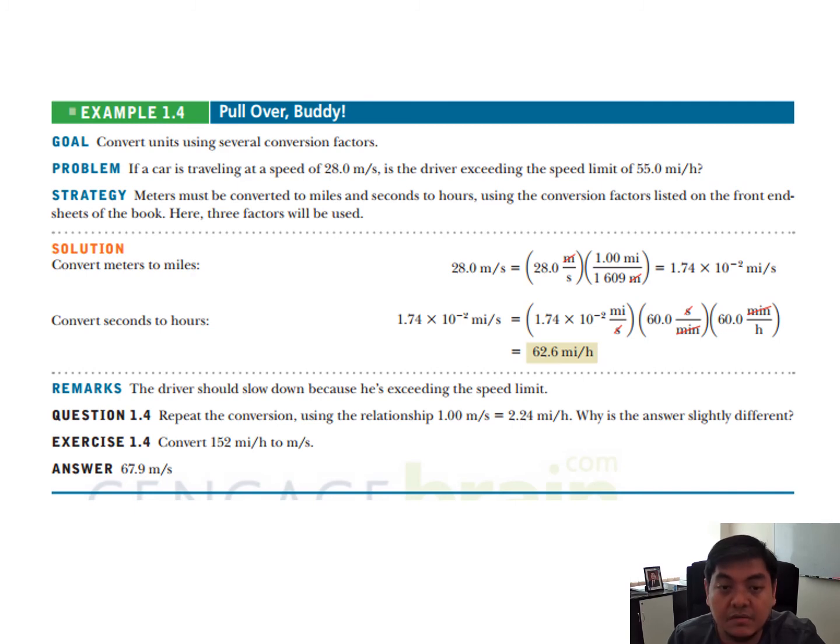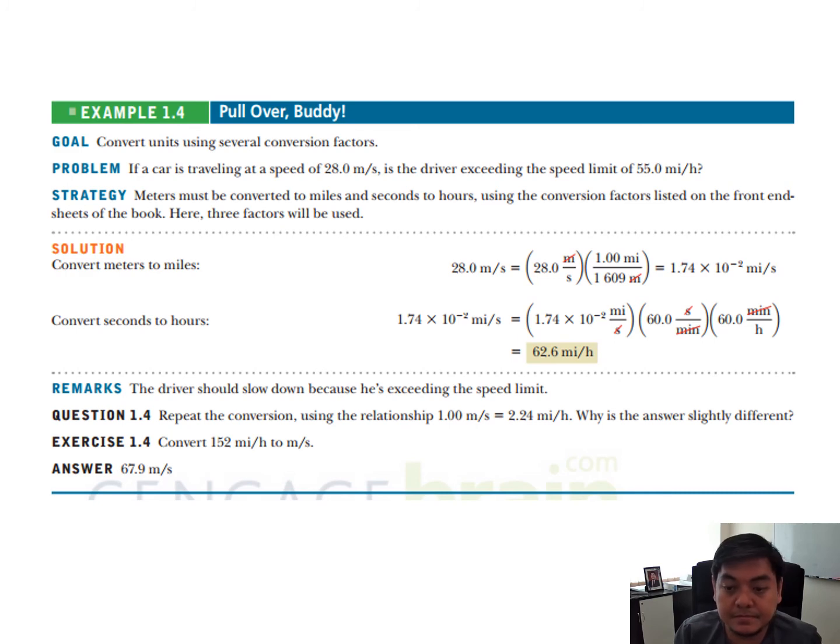So we should convert 28 meters per second first to miles per hour, because we want to compare the value of 28 meters per second, when converted to miles per hour, to the 55 miles per hour. So how to convert it?